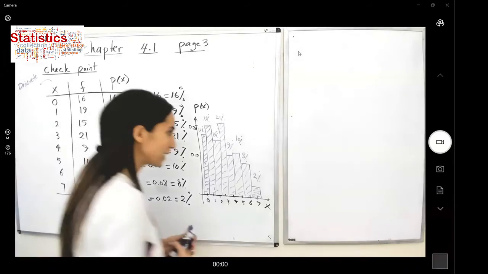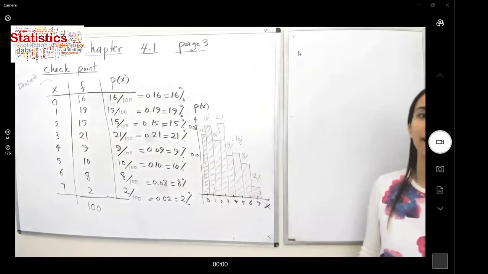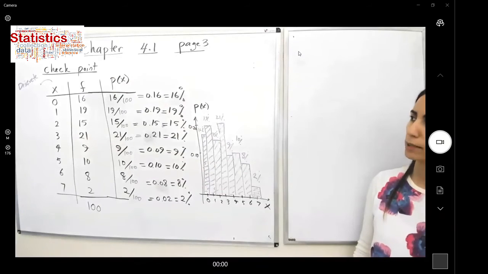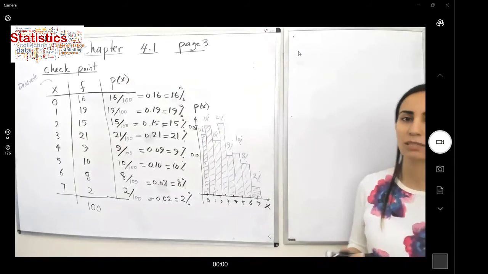So now I expect you to ask, how do I visualize these data? 0 has frequency 16. What's the meaning of that?